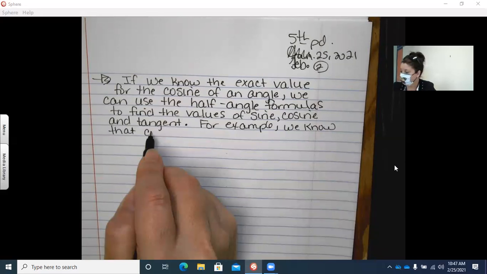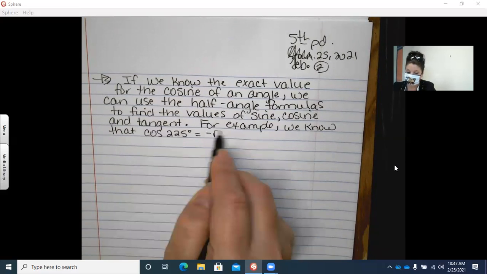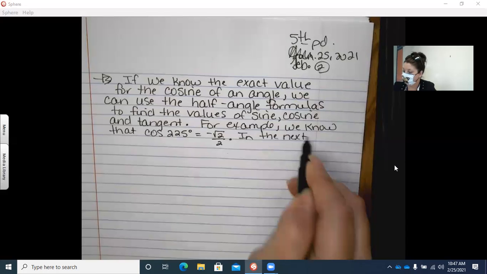In the next example, we are asked to find the exact value. So exact means you can't use your calculator because they don't want your decimal answers.